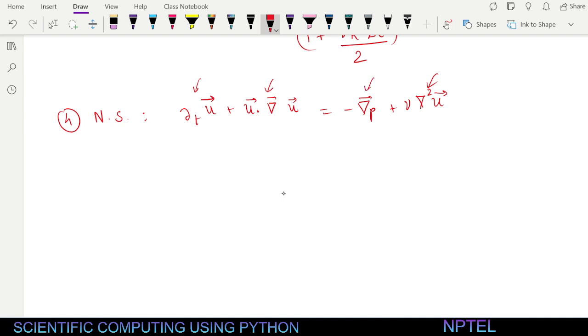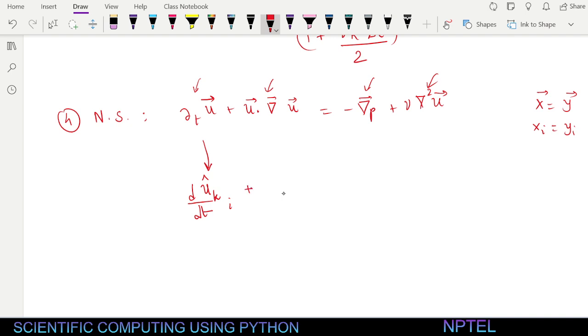And then again you can go to Fourier. So what we get is d by dt of uk. Yeah. So now this uk itself is a vector. So I can write a vector here or write the ith component, right? I can say vector x is equal to vector y, or I can say xi is equal to yi, where i is equal to 1, 2, 3, right? Both are the same thing.